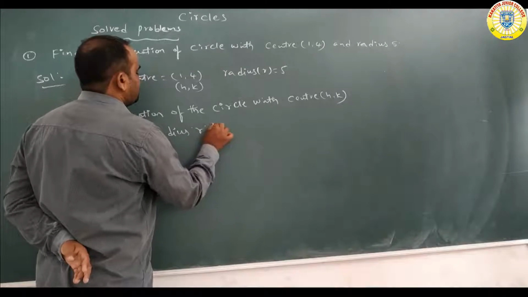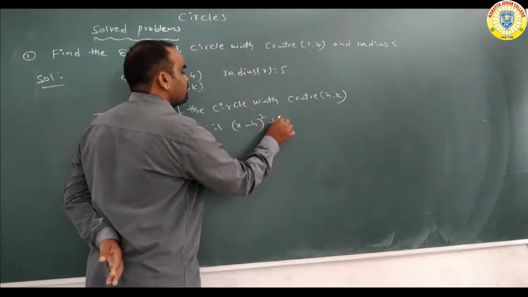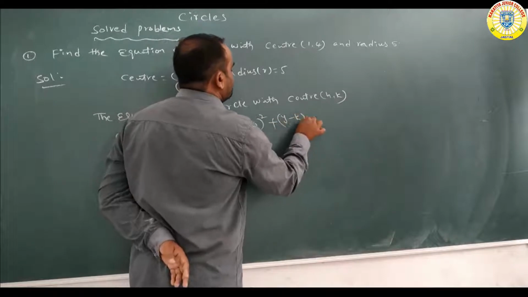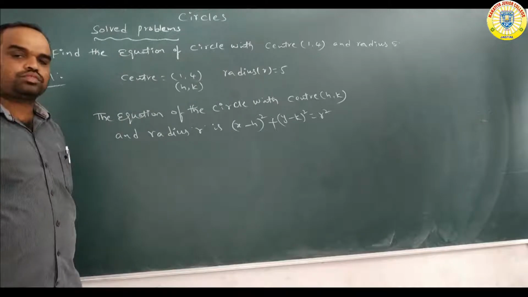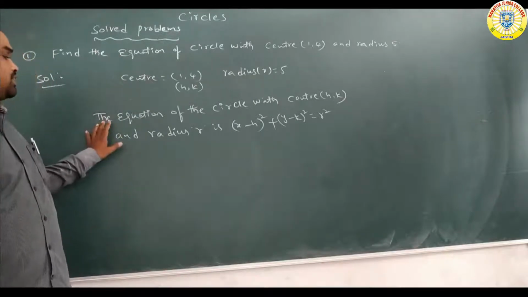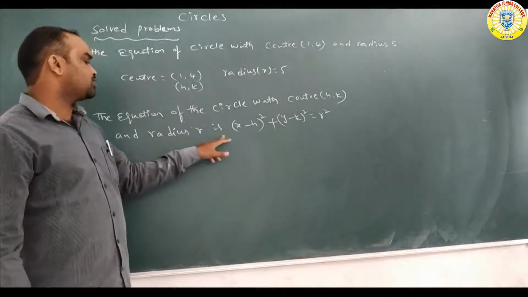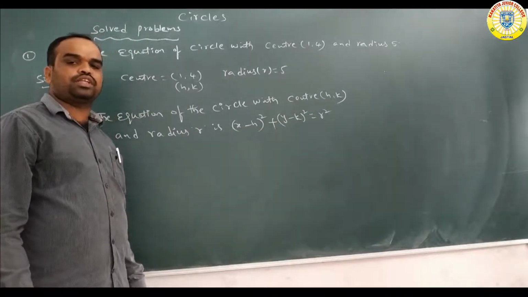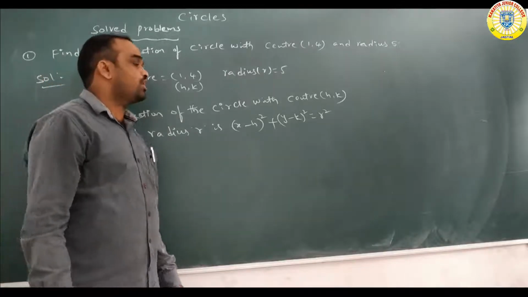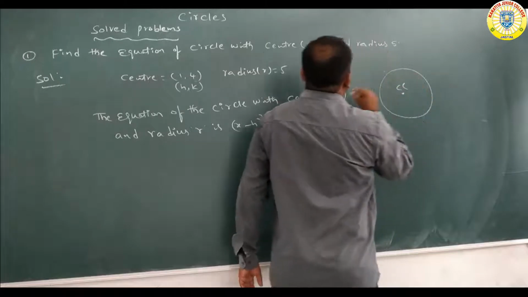You have the formula: x minus h whole square plus y minus k whole square is equal to r square. So we have the formula: the equation of the circle with center h comma k and radius small r is x minus h whole square plus y minus k whole square equal to r square. So like this, here center C is equal to, what is given?